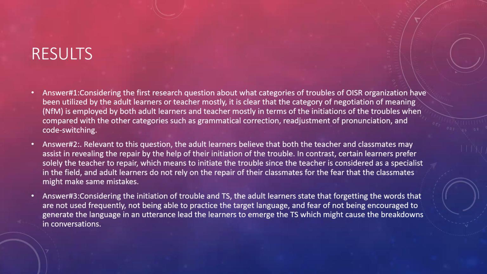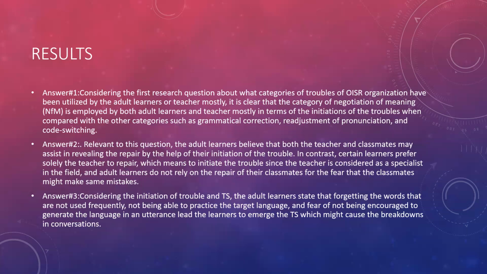And the second answer to the second question, let's look at related to this question. The adult learners believe that both the teacher and classmates may assist in revealing their repair by the help of their initiation of the trouble.